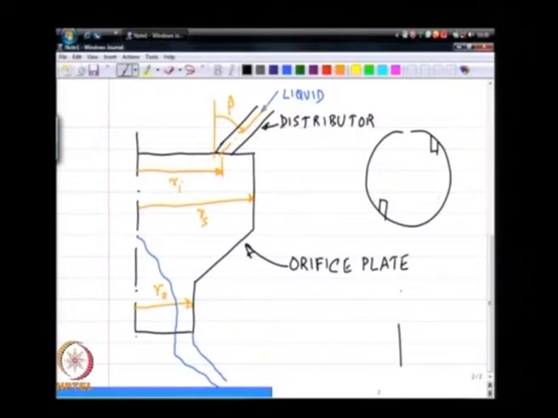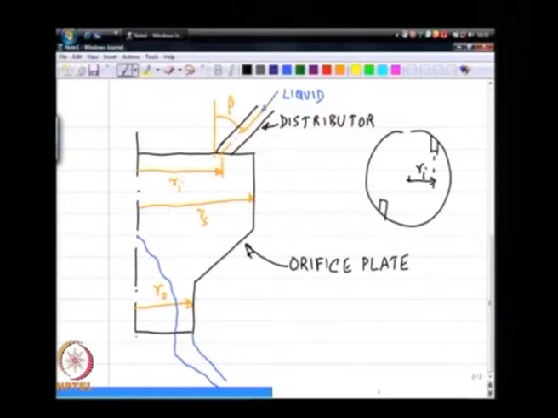Let us say I am showing in this case 2 slots that are coming in at some off axis location R I. The off axis location R I dictates the amount of swirl.